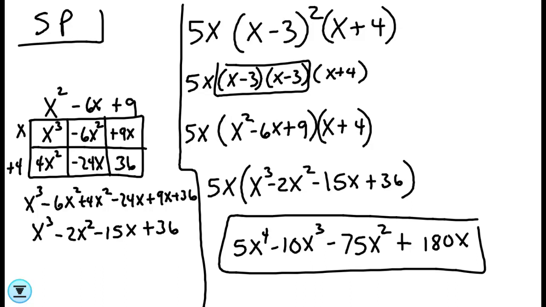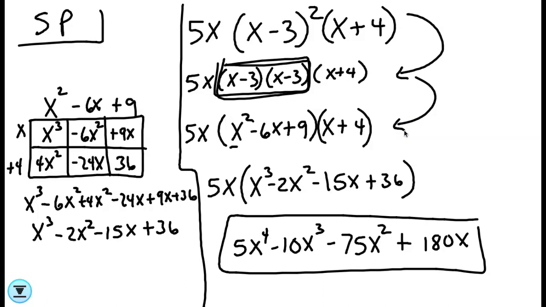Okay, so here's our solution there. Step 1 is I rewrote the x minus 3 squared as x minus 3 times x minus 3. The next thing that we did there was I did the shortcut, because what I've put in a box here is a shortcut. And that becomes x squared minus 6x plus 9.